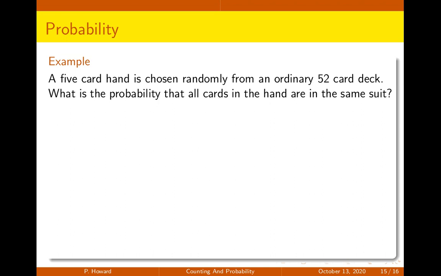Another card hand example, a 5-card hand is chosen randomly from an ordinary 52-card deck. What's the probability that all cards in the hand are the same suit? Well, as we know, the answer is going to be a fraction, and the denominator is going to be the total number of 5-card hands, 52 nCr 5. In the numerator, we need to count the number of hands in which all cards in the hand are the same suit.